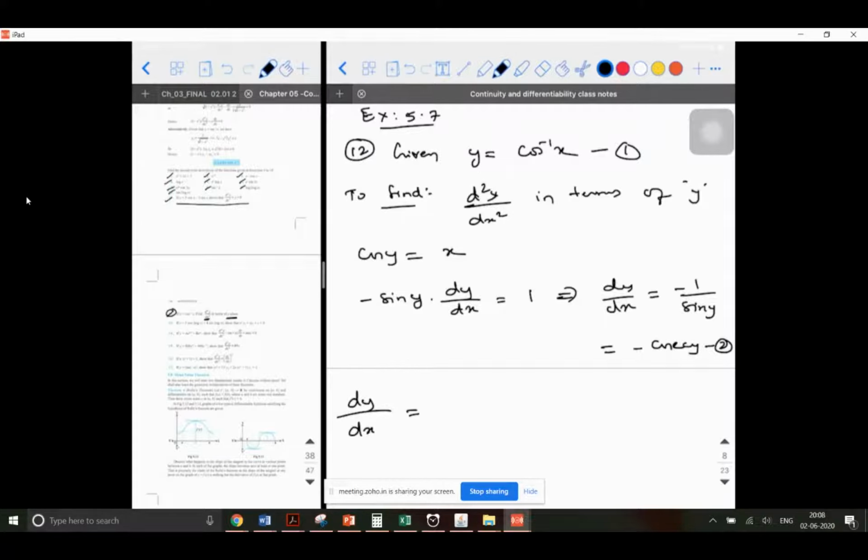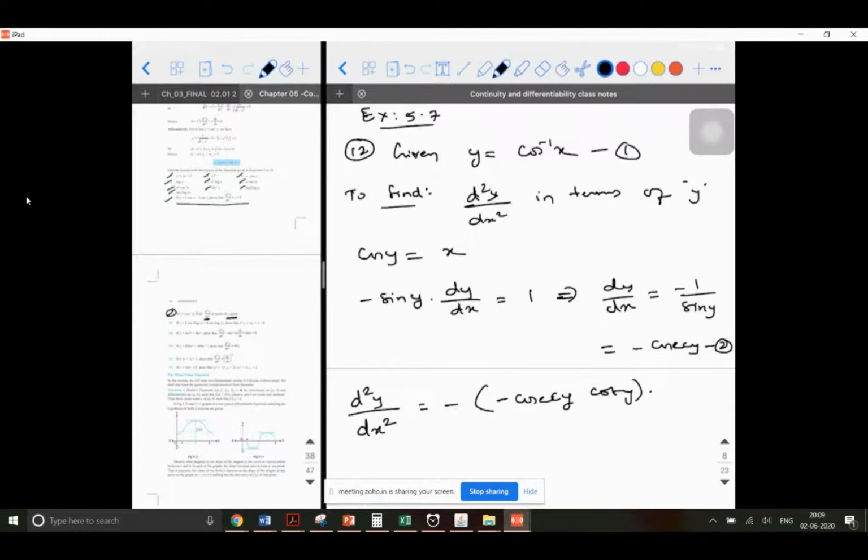If I differentiate this further, what do I get? d square y by dx square is equal to the derivative of cosecant y, which is minus cosecant y cot y.